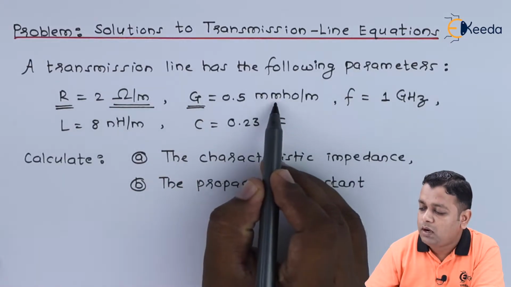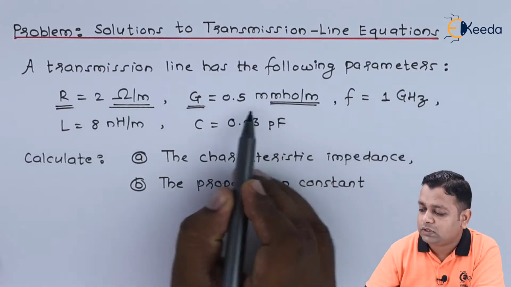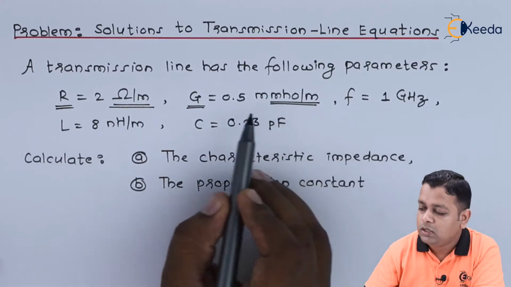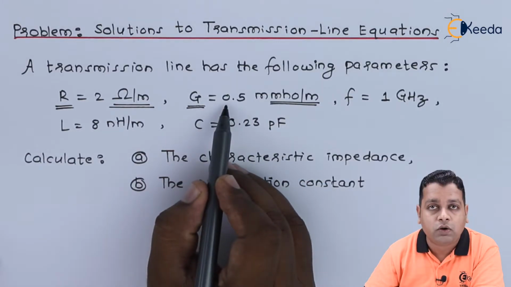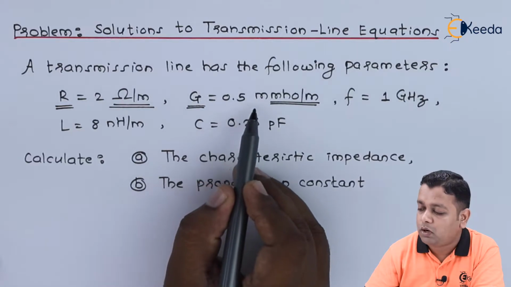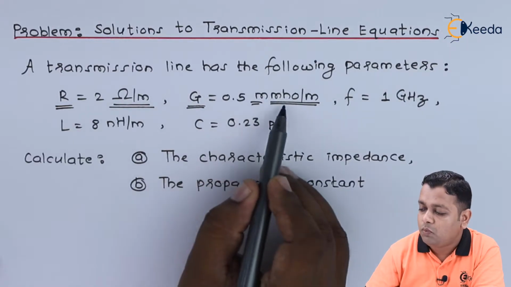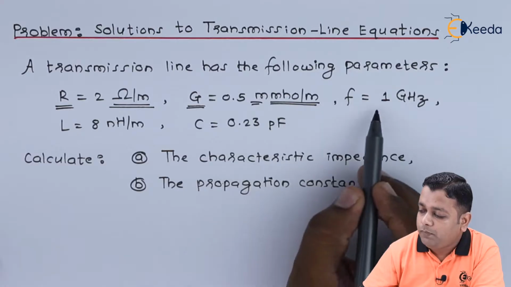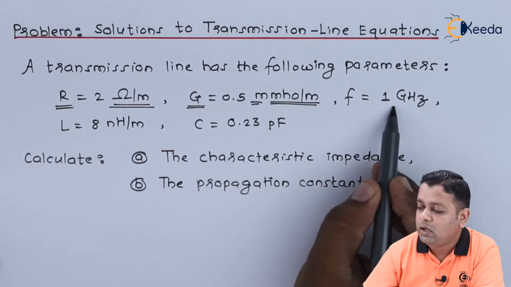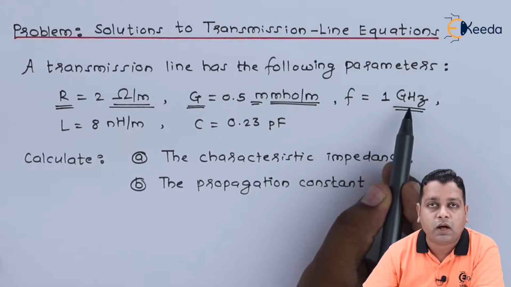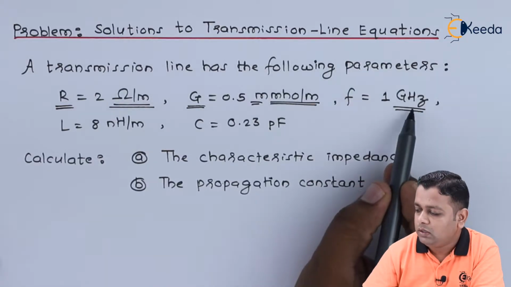Here it is provided in mho per meter, specifically millimho per meter. So we have the value of conductance G to be 0.5 into 10 raised to the power minus 3 mho per meter. The operating frequency here is 1 gigahertz, that is 1 into 10 raised to the power 9 hertz.